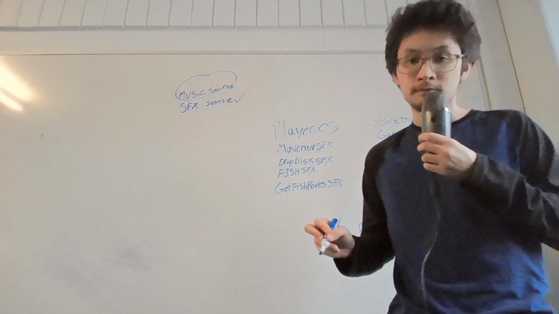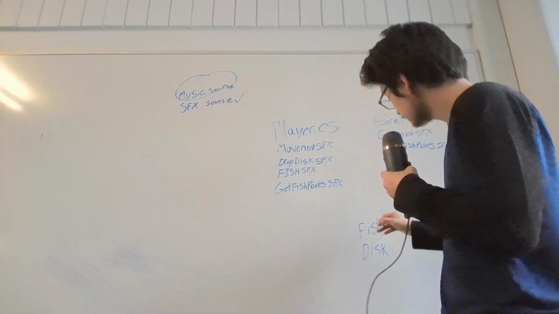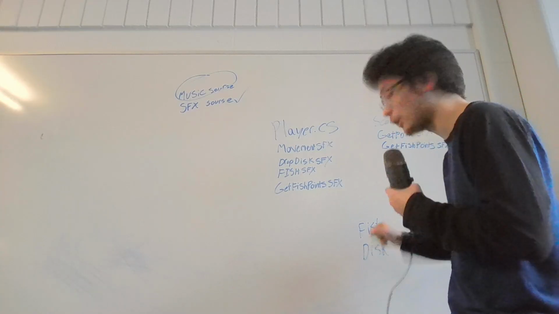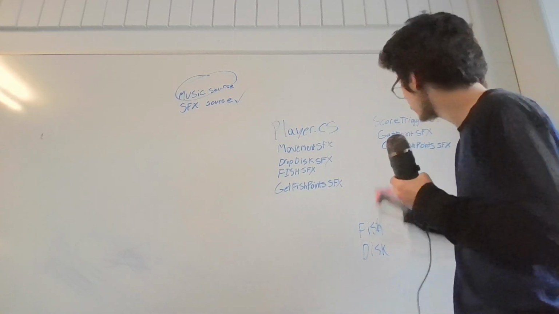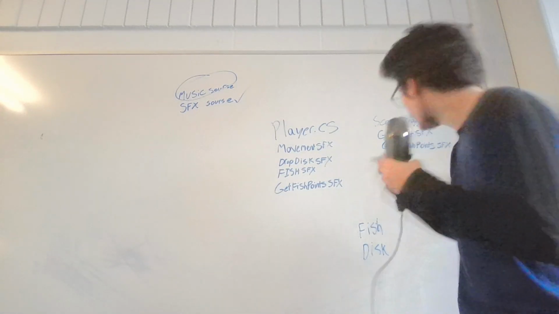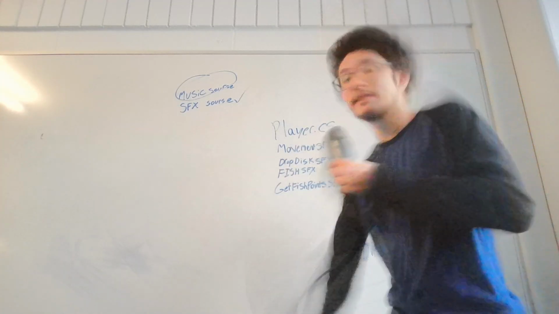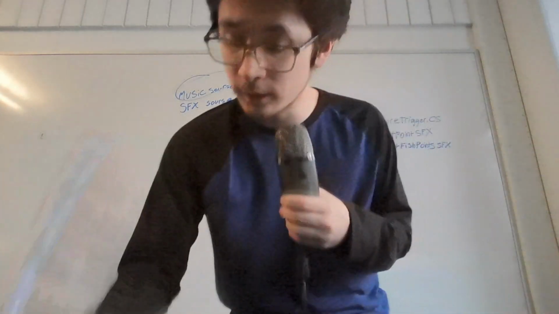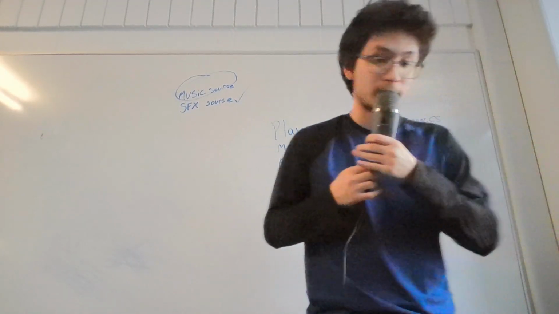This kind of failed, but the idea is if you're a fish, not a disc, you'll get fish points. If you're a disc and not a fish, you'll get points. Kind of failed on me, but I keep putting it in because it sort of holds everything together as well. I have it in there because it's sound effects for points.